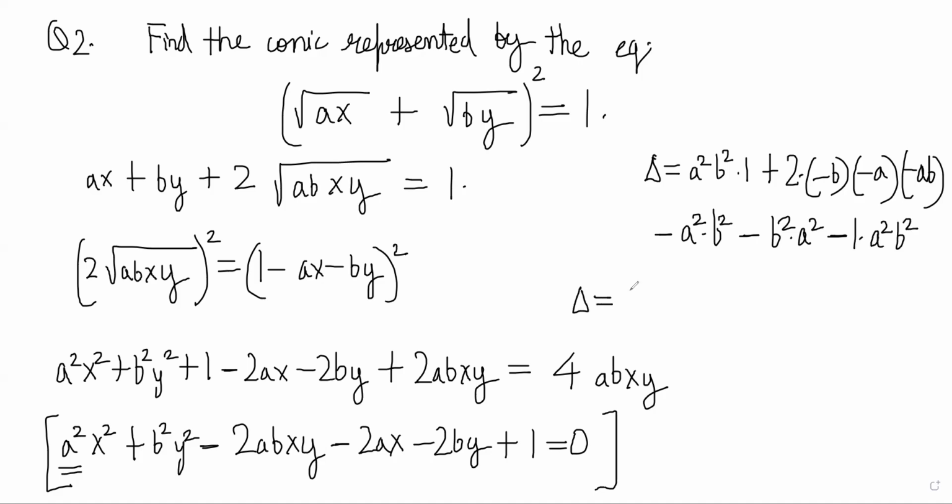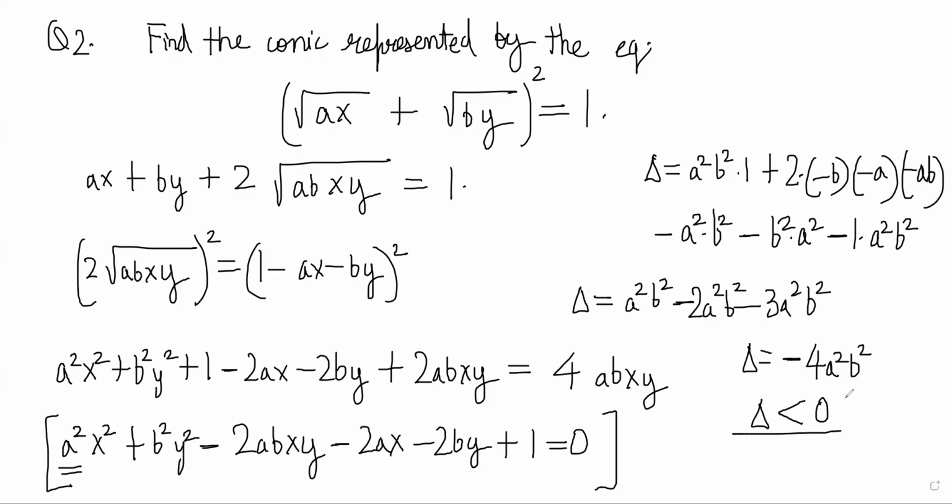So you're getting del is equal to a square b square, plus 2a square b square, minus a square b square, minus a square b square, minus a square b square. So del is coming out to be minus 4a square b square. So clearly del is less than 0, right? If del is less than 0, basically that means it is not equal to 0, and this is the case for a non-degenerate conic, right?